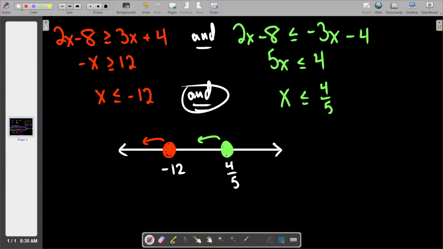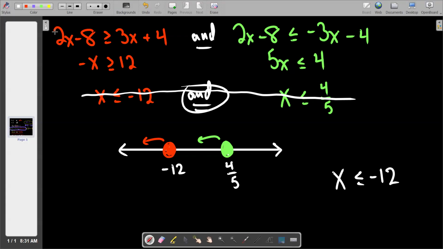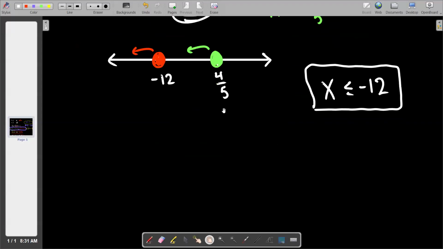So the overall answer to this problem is not what you see written up here. This is just a step along the way. The overall answer to this problem is that x has to be less than or equal to negative 12. That's what we box up and present as an answer. And again, that graph that you see on the board is not an answer graph. That was my work. That was my brain trying to figure out what to do.